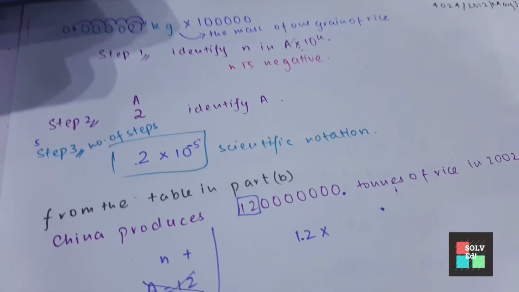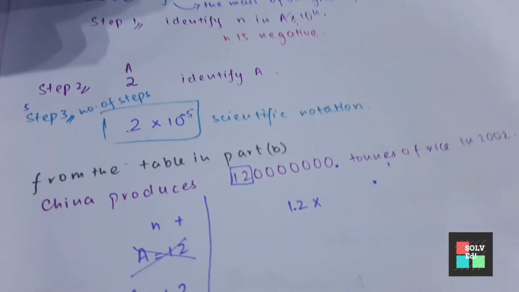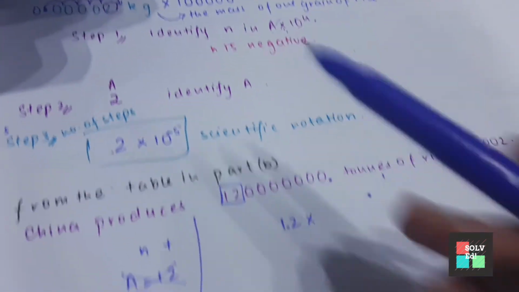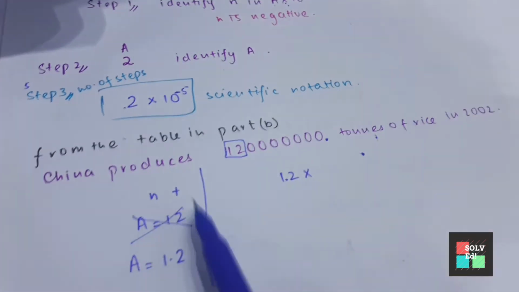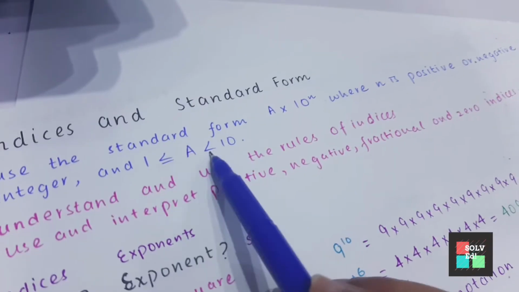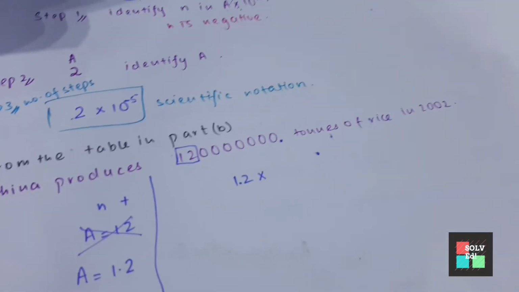Now here's the mistake that you must have made if you were initially solving this question. You might have written A as 12, but we know that A should be lesser than 10. But that would mean that we cannot incorporate 1 and 2, the non-zero digits.